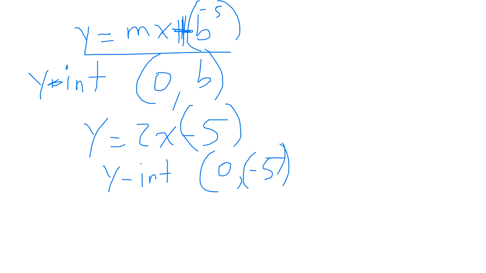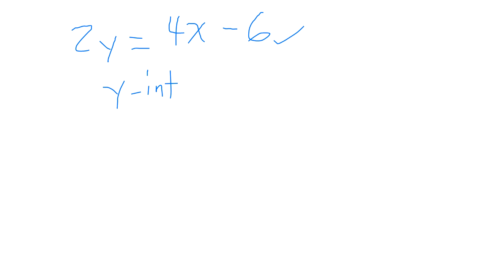The only problem with this is that sometimes you might have a function like this, 2y equals 4x minus 6. Now, for this, you don't quickly go and say the y-intercept is (4, negative 6). No, this is wrong.